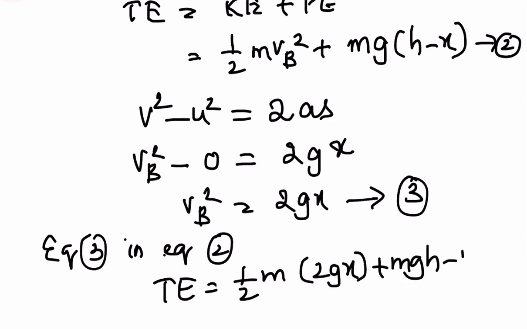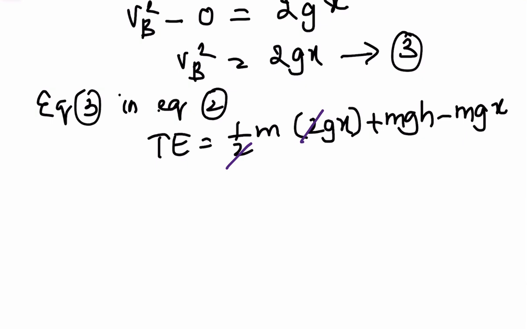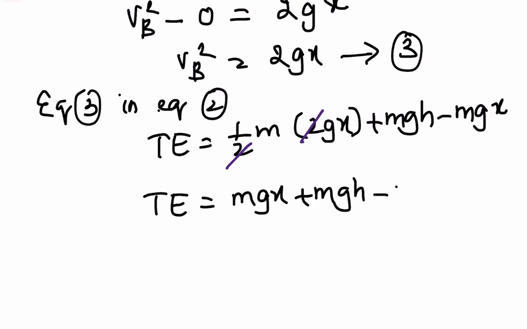Here you can clearly cancel 2 and 2 and it will become TE is equal to mgx plus mgh minus mgx. Now very clearly you can see mgx minus mgx get cancelled and you will get total energy is equal to mgh. Let it be equation number 4.